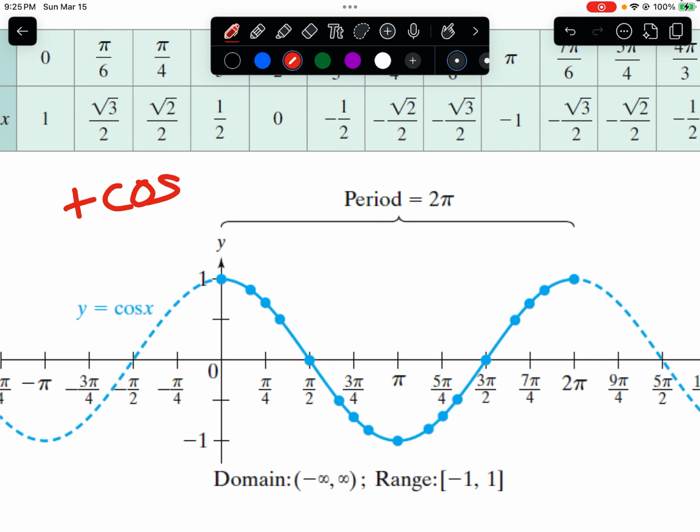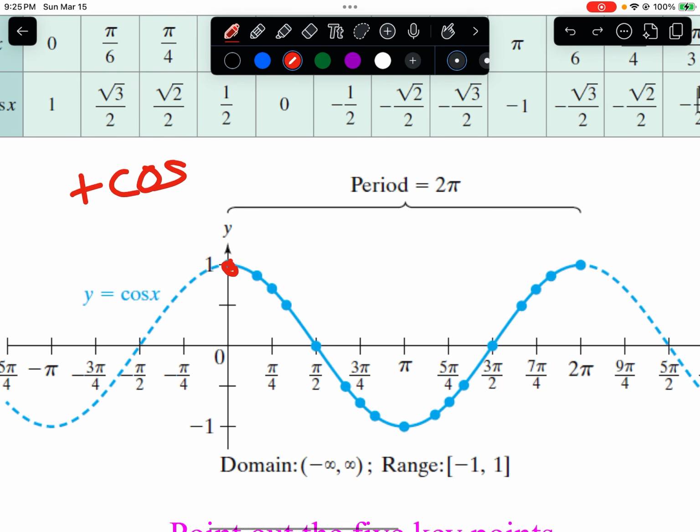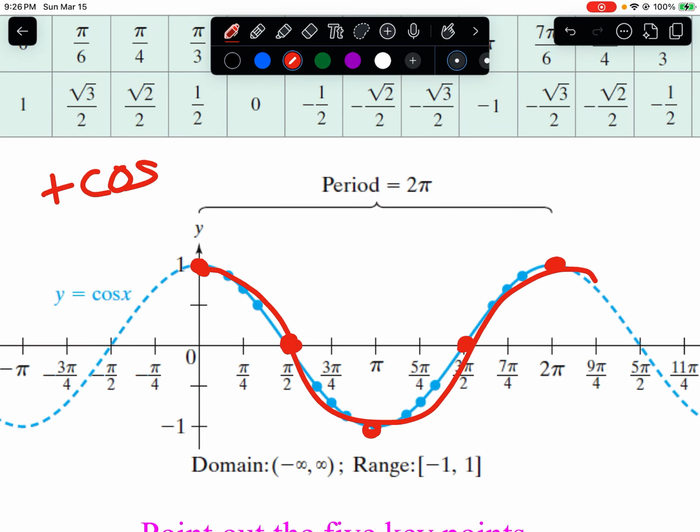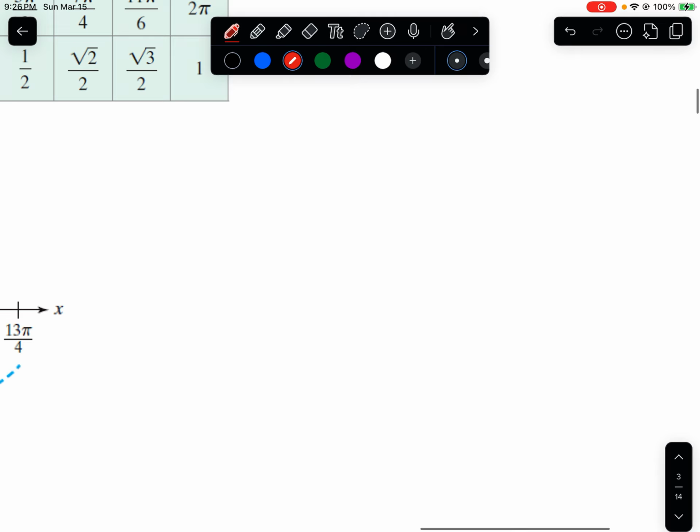So with positive cosine, rather than starting in the middle at 0, on the x-axis, like a sine function, it starts at the maximum, and then at that first key point, a quarter of the way through the period, it comes down, hits the x-axis, then keeps going, hits the minimum, comes back up, and ends where it starts at the top. Again, we get a wave graph.